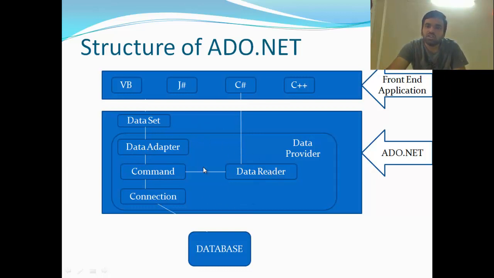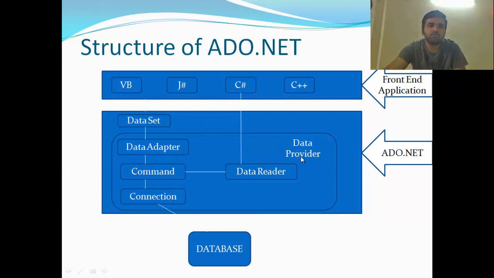These four are classes of data provider. Or here, the ADO.NET classes are dataset, data adapter, command, connection, data reader. These five are classes of ADO.NET, and these four classes, data adapter, command, connection, data reader, are classes of data provider.